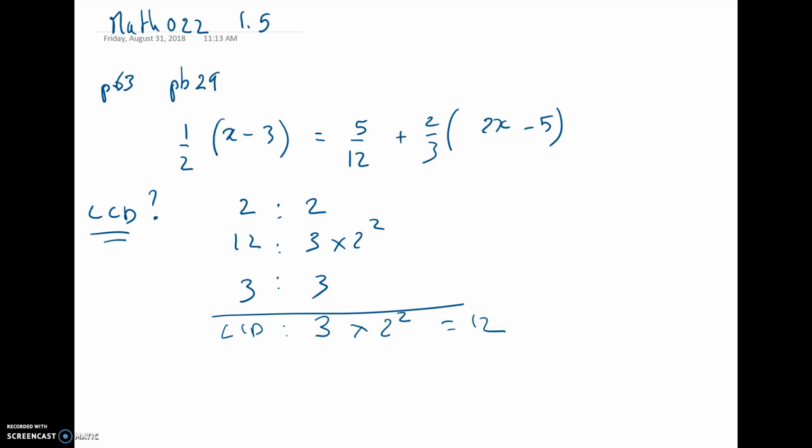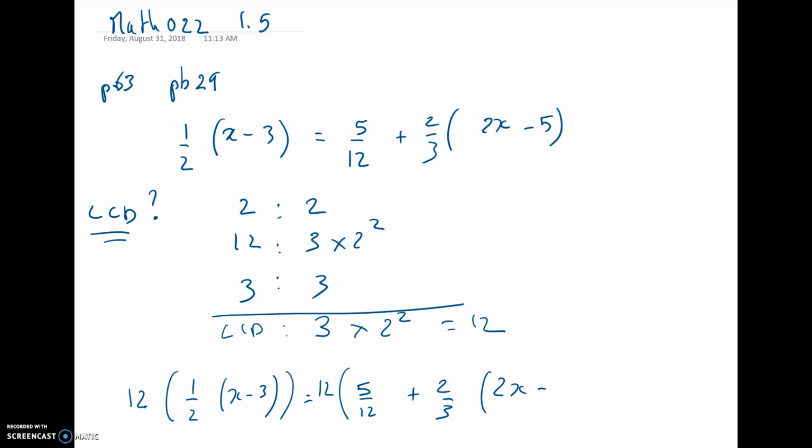Okay, so now when you have your LCD, you are going to multiply the left side of your equation by your LCD, and you are going to multiply the right side of your equation by your LCD. Okay?